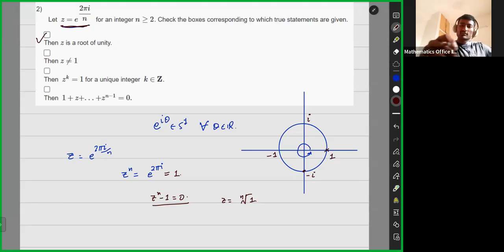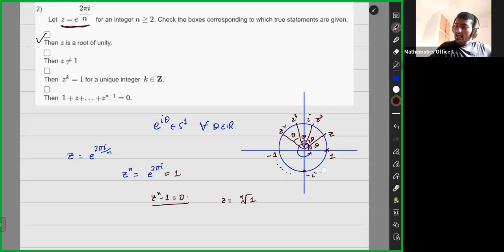Now draw all the powers of Z. Where is Z? Z is somewhere here. So Z square will be somewhere here, because the argument principle says if the argument of Z was theta, then Z square will have 2 theta. Every time you are adding theta, so Z square will be somewhere here, and so on.